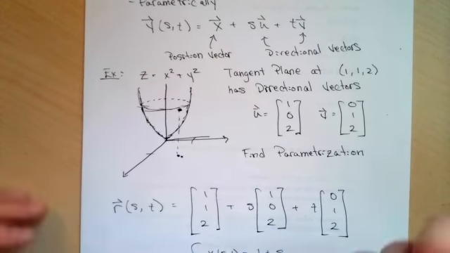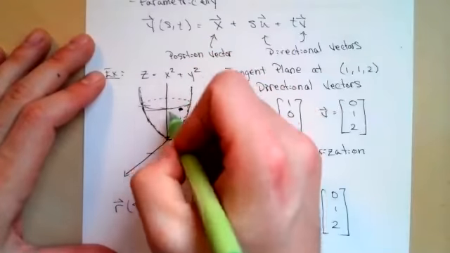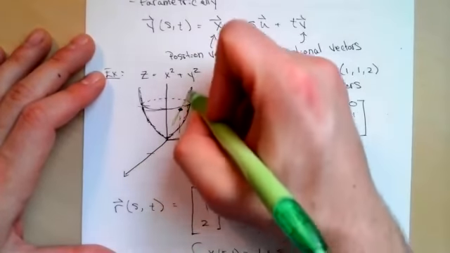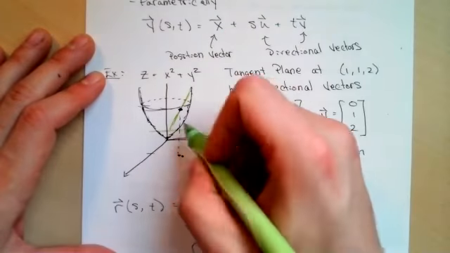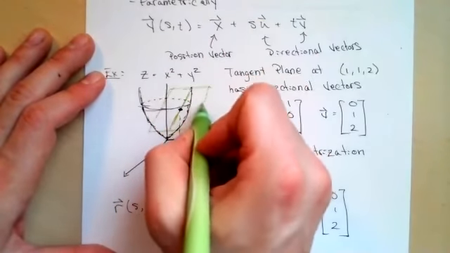That's essentially what we've done here. So it should be slightly angled up. I don't know if I can draw it really well. So it'd be the tangent plane to this point.